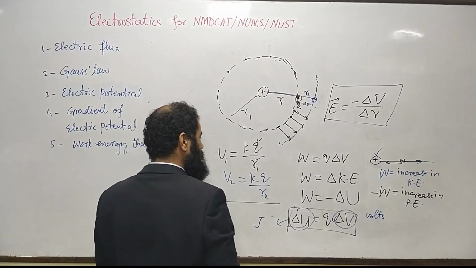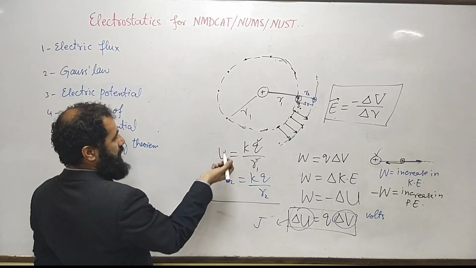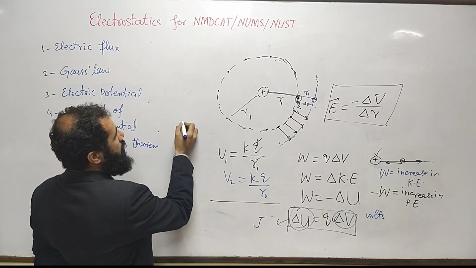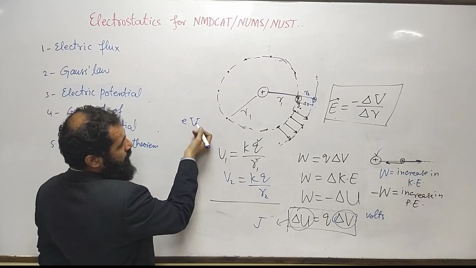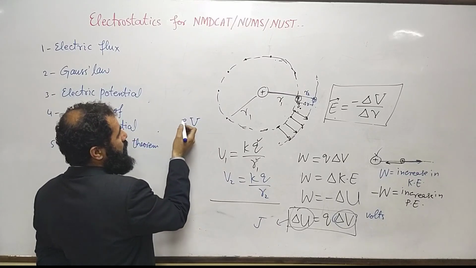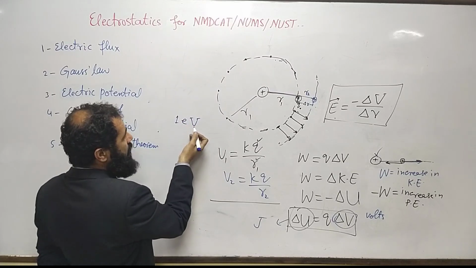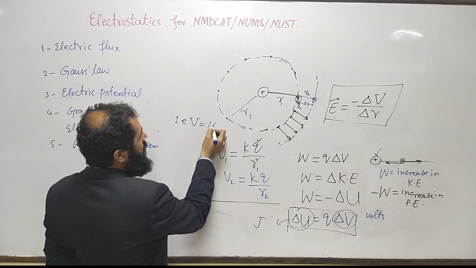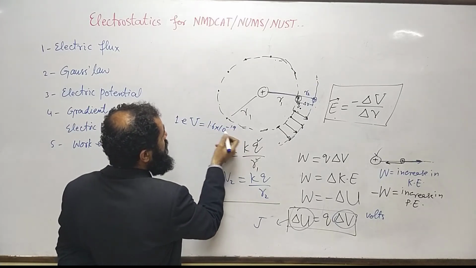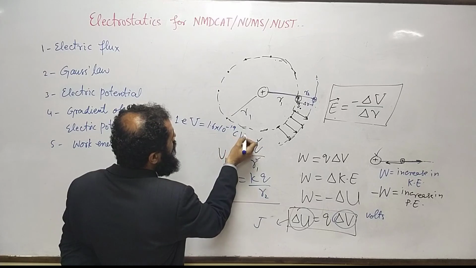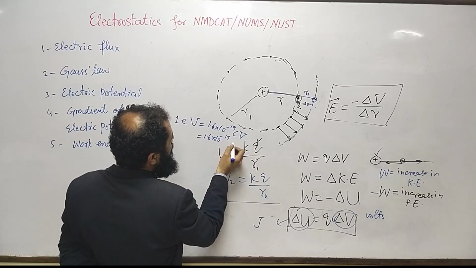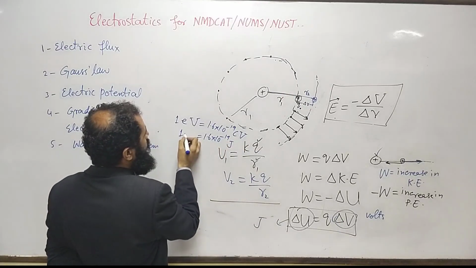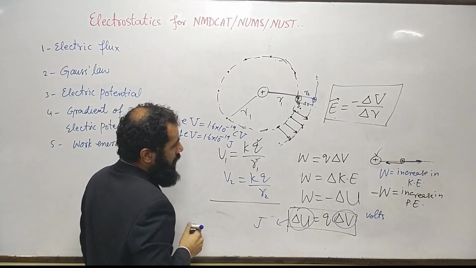And you know that at atomic level we use electron volts, that is elementary charge times volt, and we use this as unit of energy. So 1 electron volt is 1.6 into 10 raised to minus 19 coulomb volt, and coulomb volt is joule. So 1.6 into 10 raised to minus 19 joule is 1 electron volt.